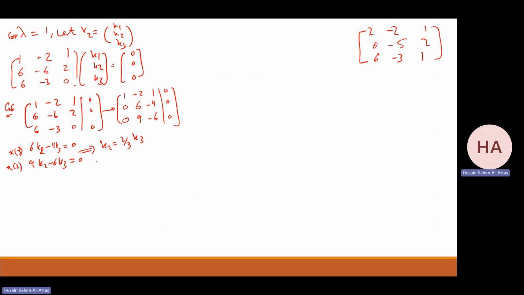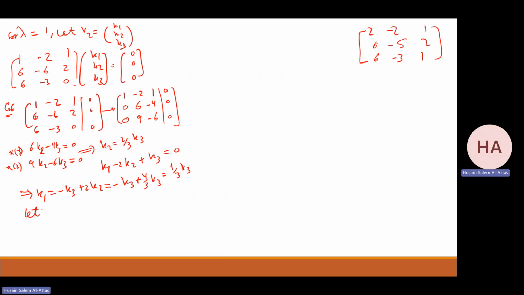So I have k1 minus 2k2 plus k3 equals 0. So that means k1 will be minus k3 plus 2k2. What is 2k2? That will be 4 over 3 k3. That gives me 1 over 3 k3.